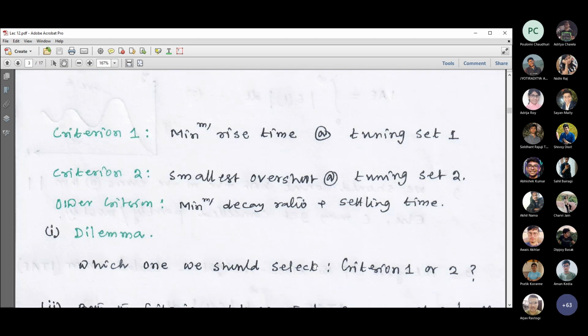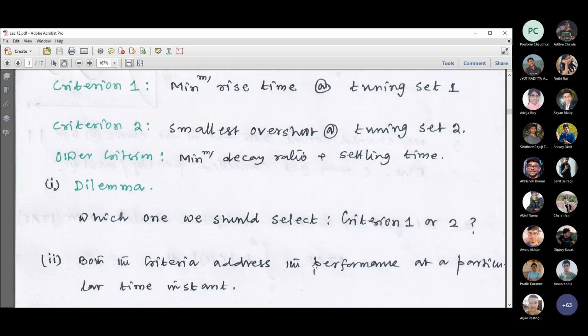It's difficult to say. And you know, in both the cases, we consider the response at a particular time instant. Rise time corresponds to a single time instant. Overshoot corresponds to a particular time instant. Although the entire response is available in our hand, we are just considering the performance at a particular time instant.